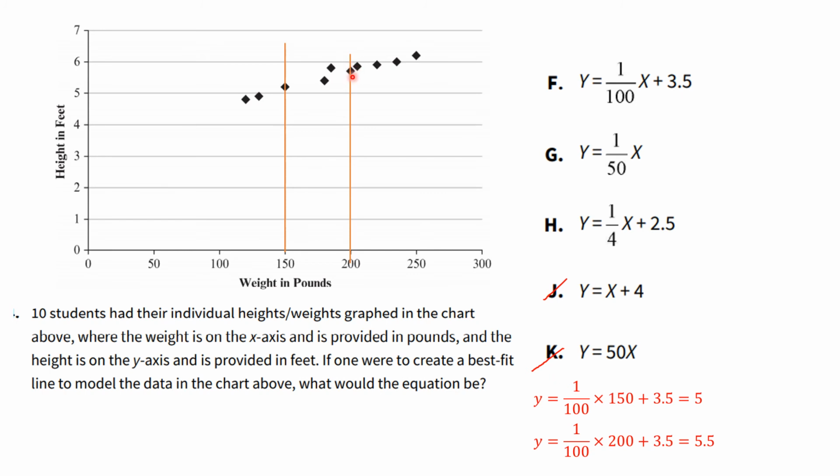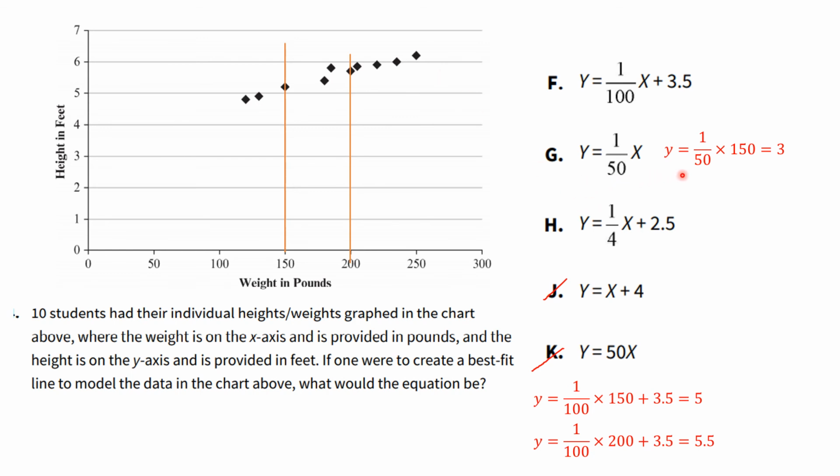We're trying to get the line of best fit. It doesn't have to go through the point directly. It might be a little bit up or a little bit low, to try to catch as many points as possible. So I'm thinking F makes sense. You can try numbers for G and H. Try 150 and 200 and see.